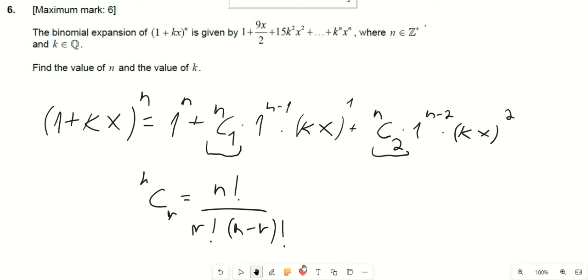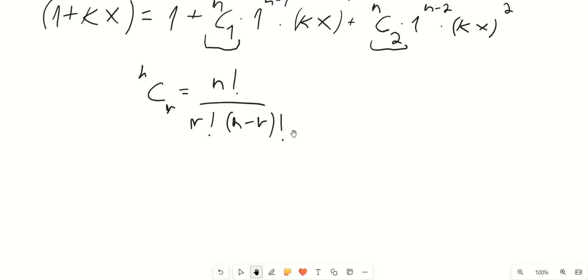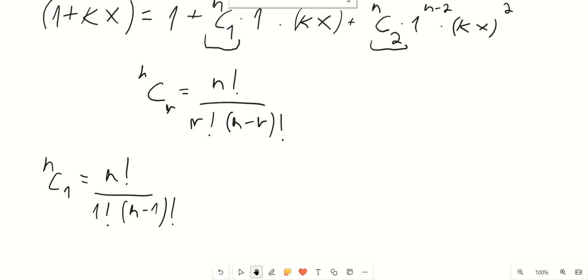So if I want to do it for nC1, I will get the factorial of n over 1 factorial times n minus 1 factorial. N factorial over n minus 1 factorial is n, and the factorial of 1 is 1.